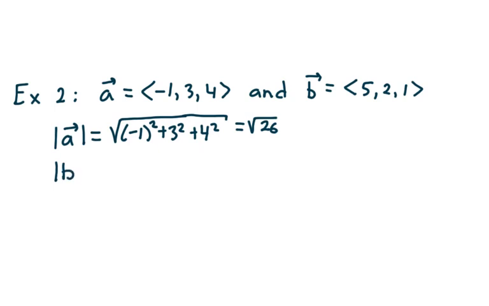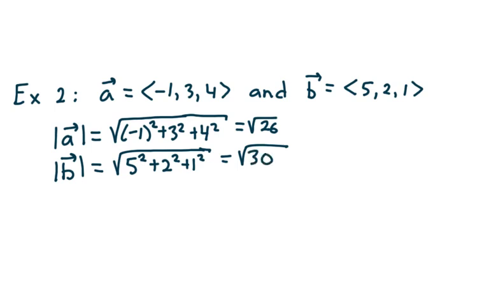The magnitude of B is the square root of 5 squared plus 2 squared plus 1 squared. And that's the square root of 25 plus 4 is 29. 29 plus 1 is 30. So we get a 30 there.